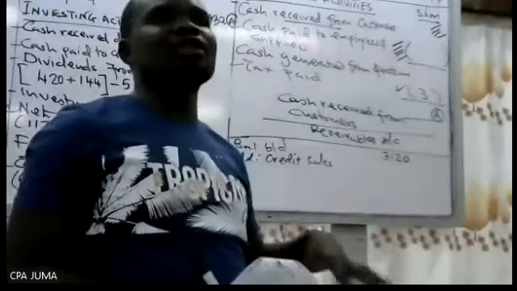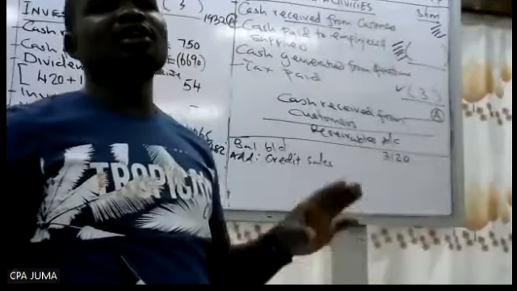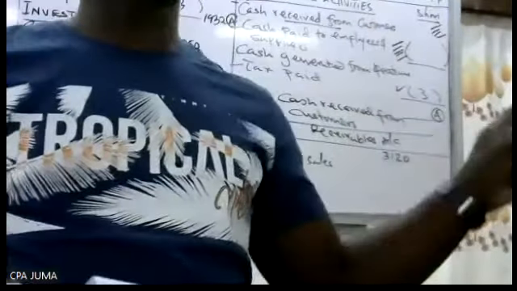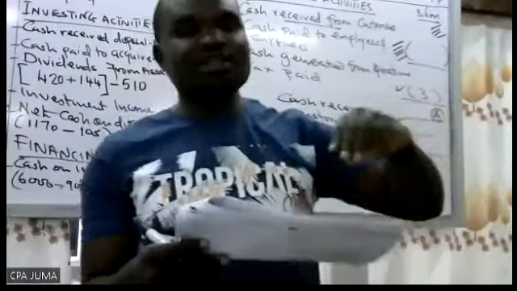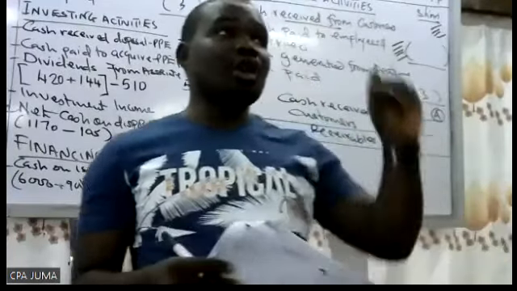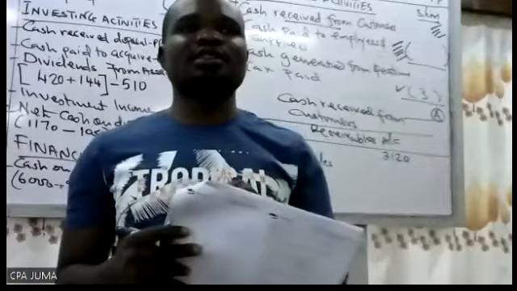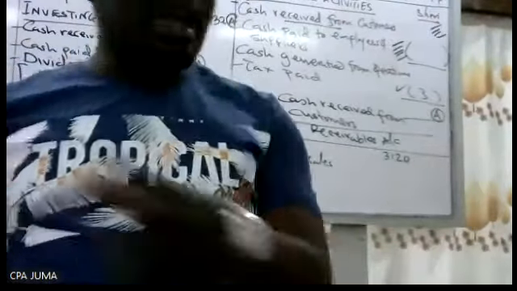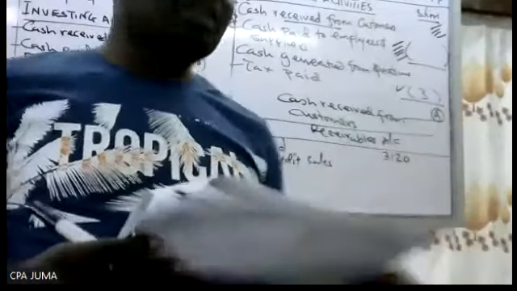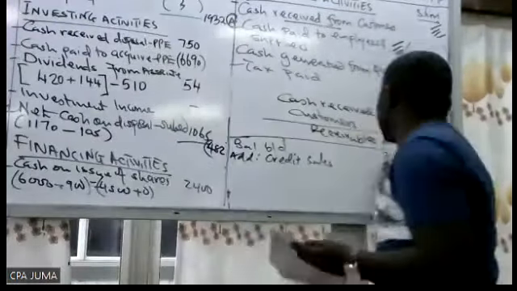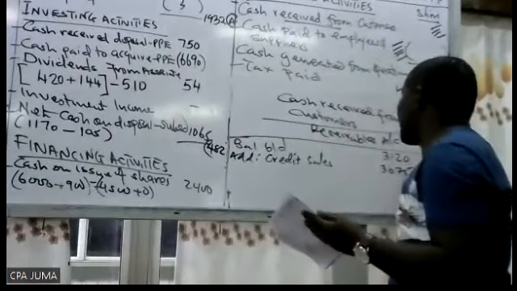But if they dictate the direct method in the exam, they can tell you revenue is this, then 80% of revenue was on credit. But in this one, because the question was open, we assume the entire revenue was on credit. So credit sales is represented by revenue at 3075.